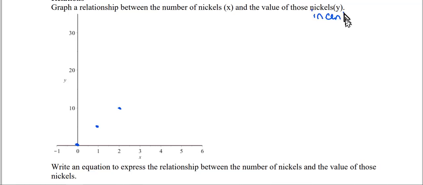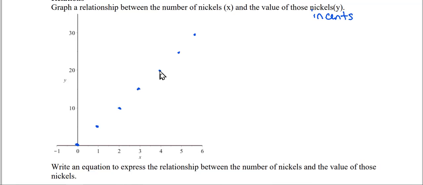We should say in cents, right? Otherwise it doesn't work on our graph very well. 3 nickels are 15 cents. 4 nickels are 20 cents. 5 nickels, I'm just plotting points here, right? 5 nickels, 25 cents. 6 nickels are 30 cents.